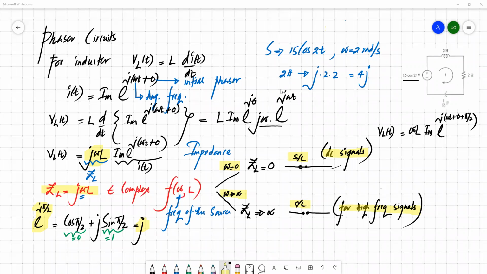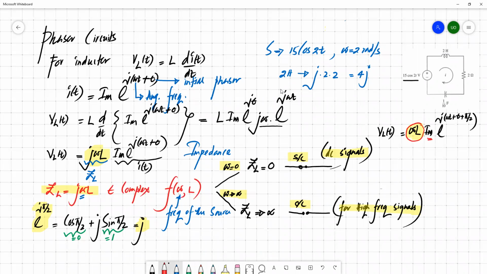So how do you obtain the value of this voltage? We basically multiply the magnitude of the current, Im, with this omega L factor.